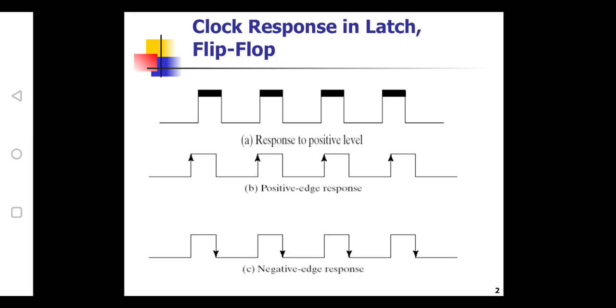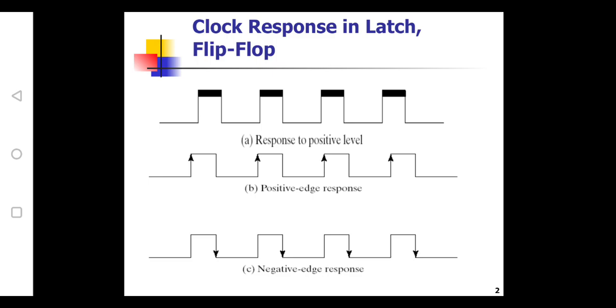The latch and flip-flop both are bistable elements. Bistable itself indicates that it consists of two stable states, which are nothing but 0 or 1. If we connect two NAND gates or two NOR gates cross-coupled to each other, such a circuit is called a latch or a flip-flop.